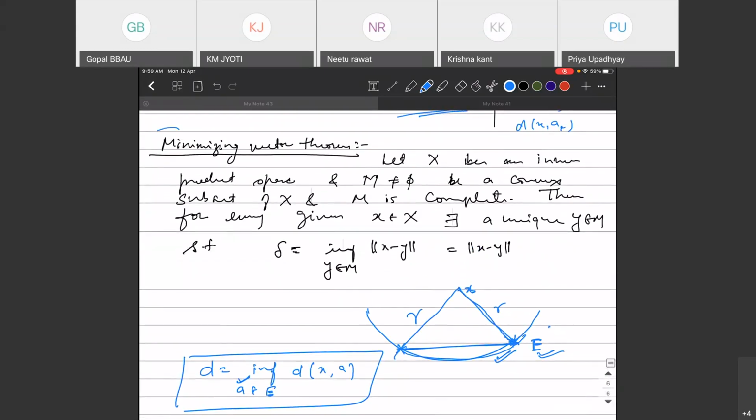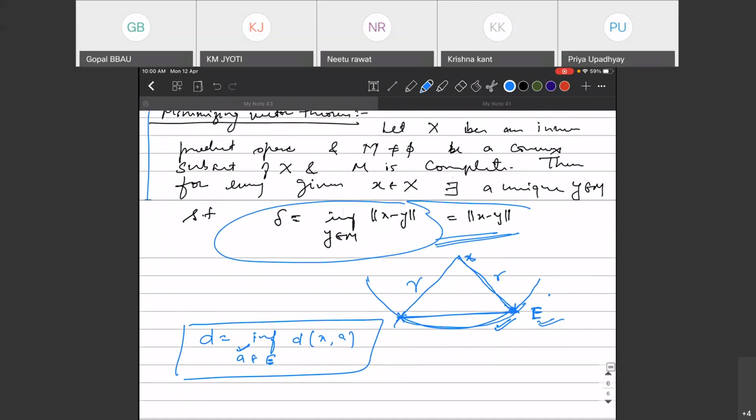Now the minimizing vector theorem we wrote above says we have an inner product space, and M a convex subset that is also complete. Then for any point x given, we get a unique y where this condition is satisfied, and this is equal to norm x minus y. So this is nothing but the distance of x and M, and this is the distance of x comma y. You all know this: the norm gives a metric, and this is the definition of that metric.